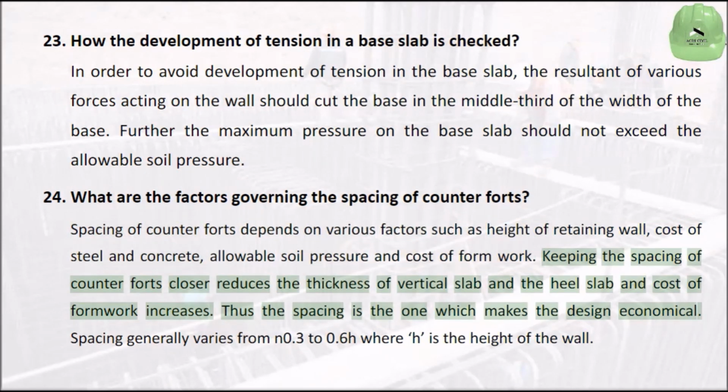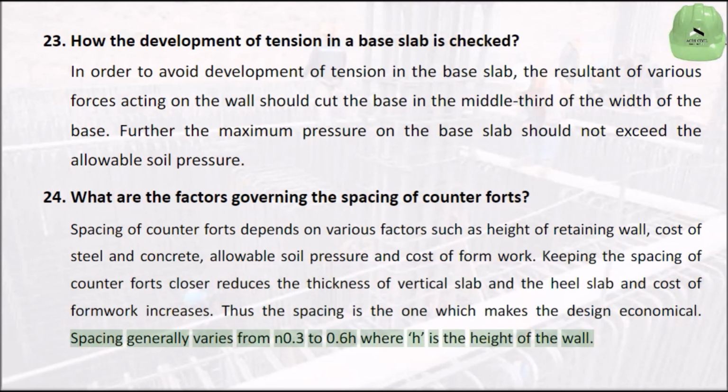Keeping the spacing of counterforts closer reduces the thickness of the vertical slab and the heel slab, but the cost of formwork increases. Thus the spacing is the one which makes the design economical. Spacing generally varies from 0.3h to 0.6h, where h is the height of the wall.